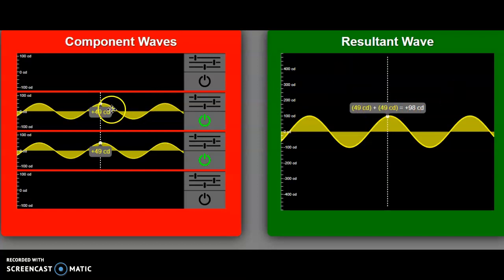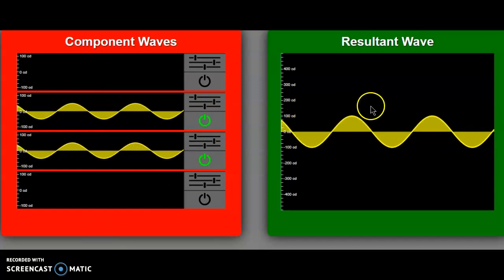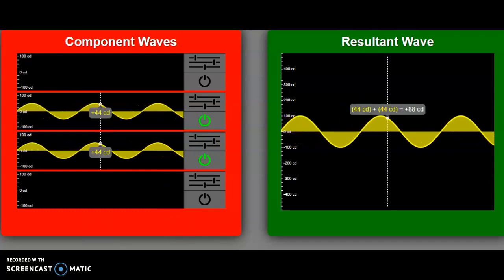So when they are in the same phase with the same color, which means the same wavelength, we end up with an expanding resultant wave with a higher amplitude equal to 98 centimeters. Again, 44 plus 44 gives 88.